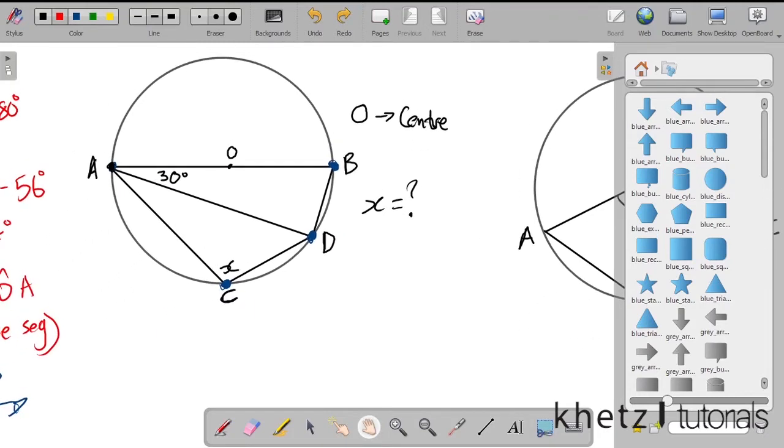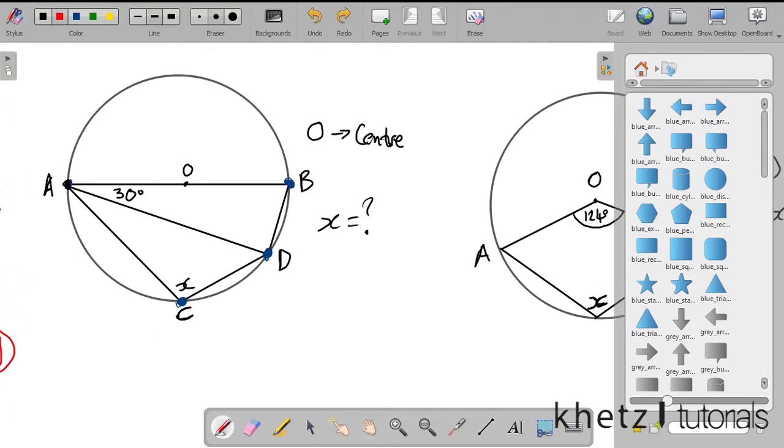Now that we have a diameter, we can conclude that this angle over here is 90 degrees. So ADB is equal to 90 degrees, and the reason for that would be angle in semicircle.